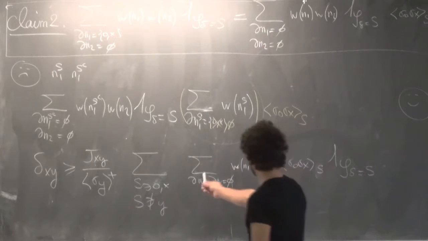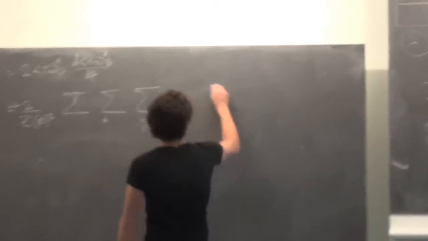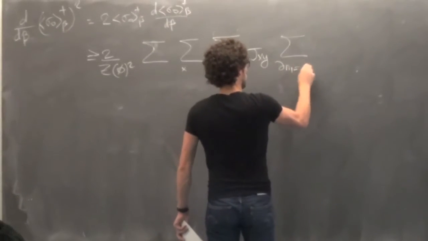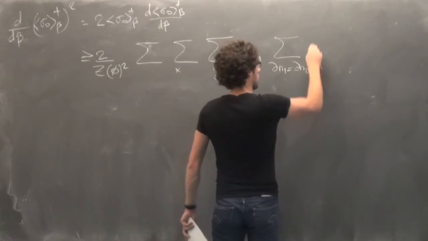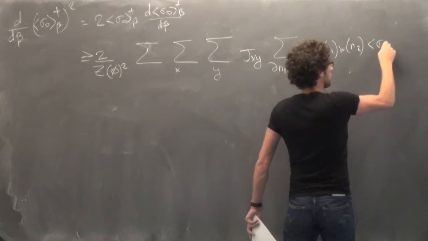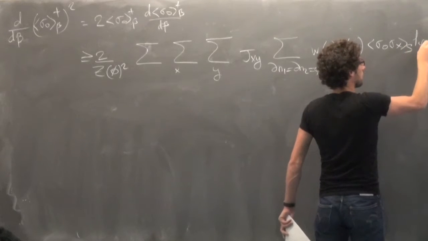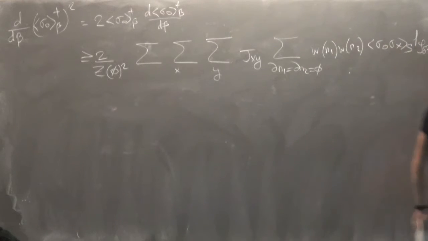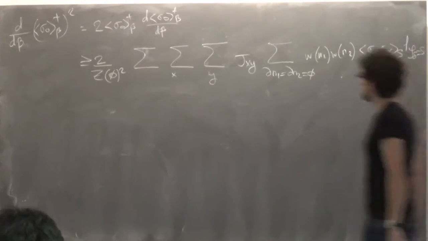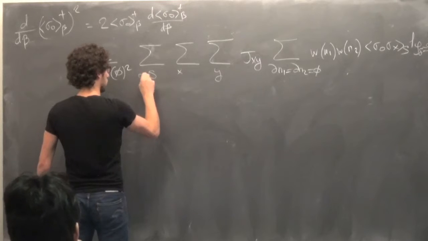Okay, so you have this huge sum. So you have sum over sourceless currents. Wn1, Wn2, sigma 0, sigma x, s, indicators and s delta equal s. Now the sum over s, I'm going to put it before. I'm going to put the sum over s containing 0.